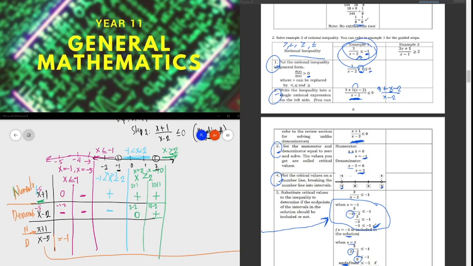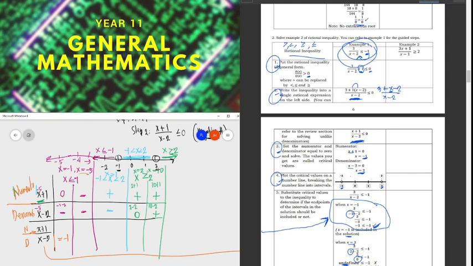Okay? Now this time, when x is equal to negative 5, which represents this side, going to the left, negative divided by negative is positive, right? Positive. Let's go back to this line later. Next is positive over negative, which is negative.